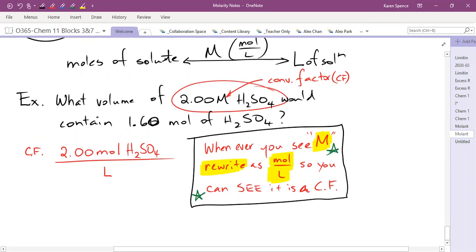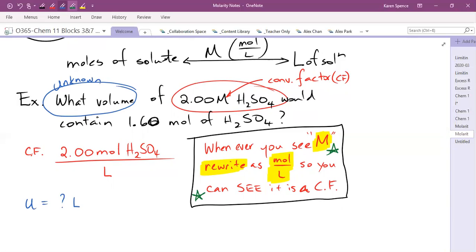Now, if we go back to our question, whenever we have a question where we're doing a conversion, we're going to have something that's unknown. In this case, our unknown is our volume. We don't know how many liters we have.